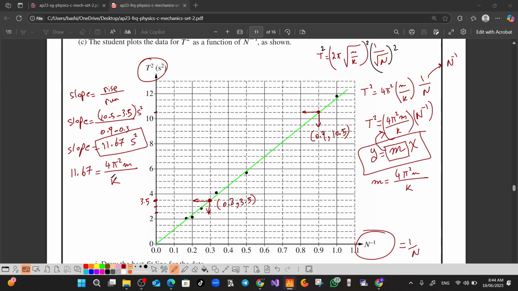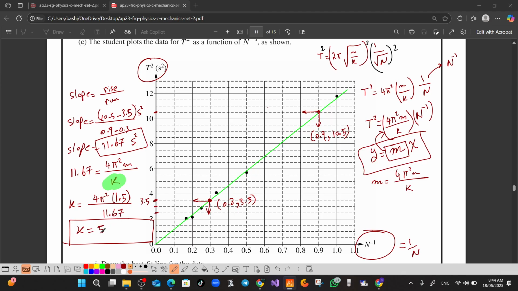Now, by solving this equation, where the subject here is k, and the m is given as 1.5, we will be able to find k. The k is equal to 4 pi squared mass, which is 1.5 according to the given in this part, over 11.67, and use your handy-dandy calculator to get the answer.